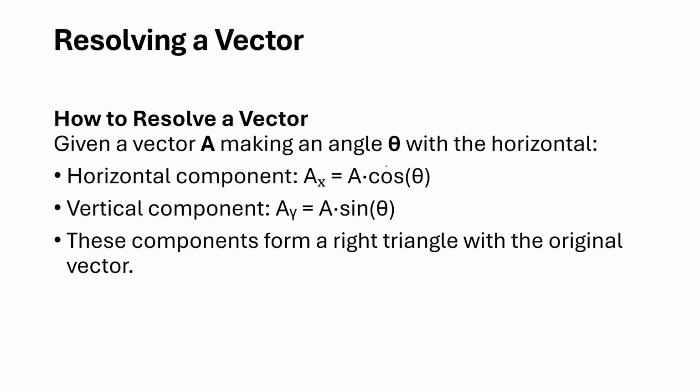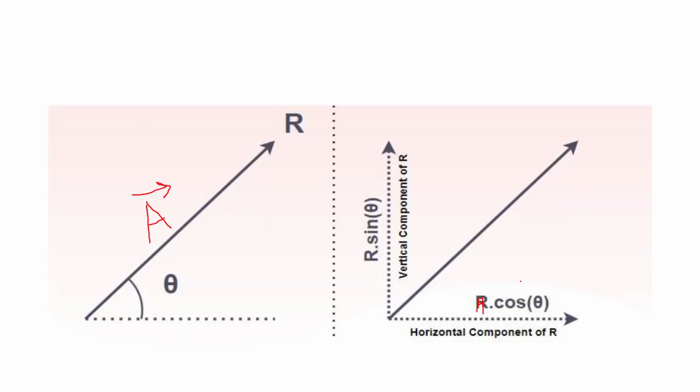Let's have a simple recap. For example, we have a single vector A having some angle with the horizontal line. The vertical component will be A sin theta, and the one on the horizontal line will be A cos theta, as we have in this example.